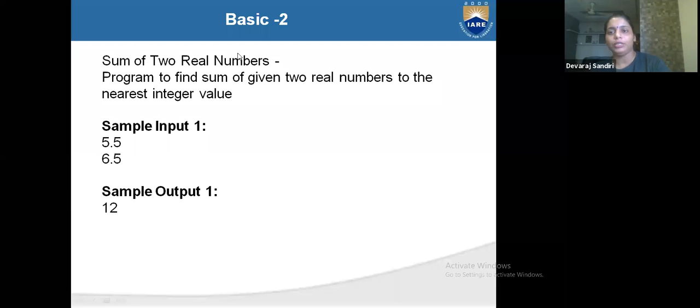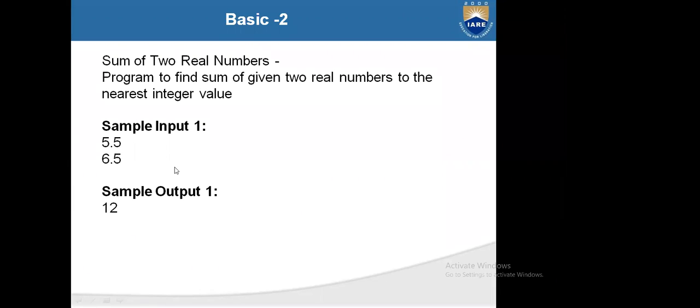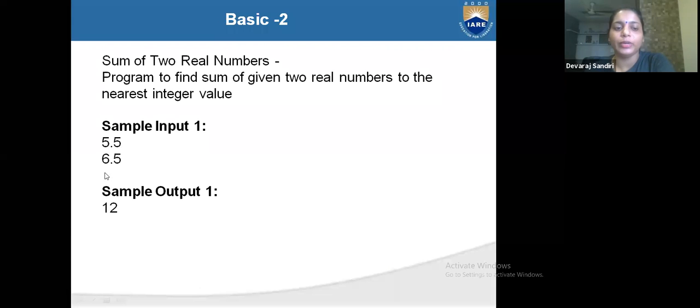Can you tell me? Unmute and tell me. Anyone? How will we declare the input of this 5.5? Tell me. Unmute and tell me. Single star, ma'am. 5.5, how will we declare, and 6.5, how will we declare?